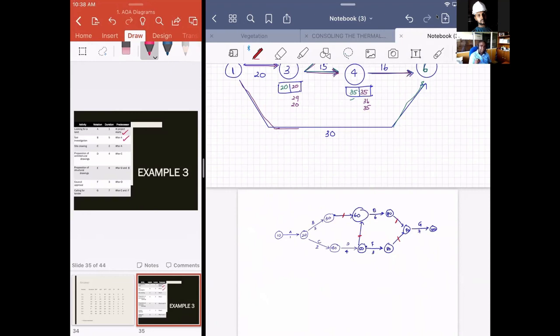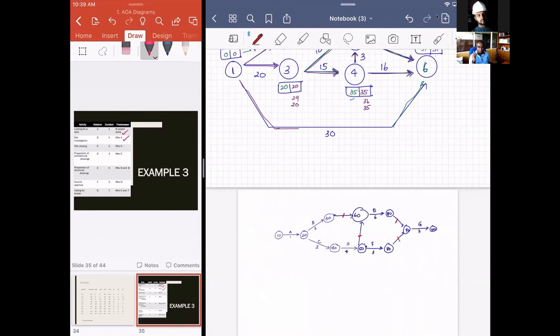Remember, in these techniques, an arrow is an activity. So those are some activities where duration is 0. We can't have activities with duration 0.